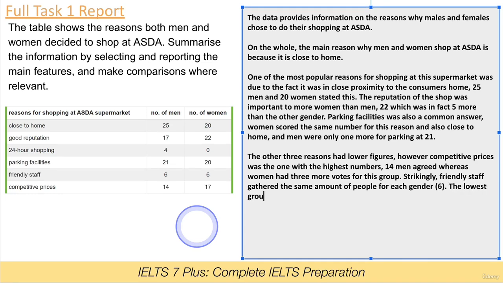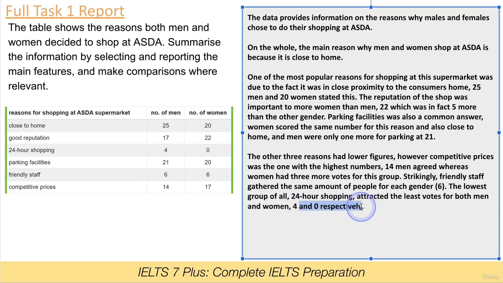The lowest group of all, 24-hour shopping attracted the least votes for both men and women. 4 and 0, respectively.